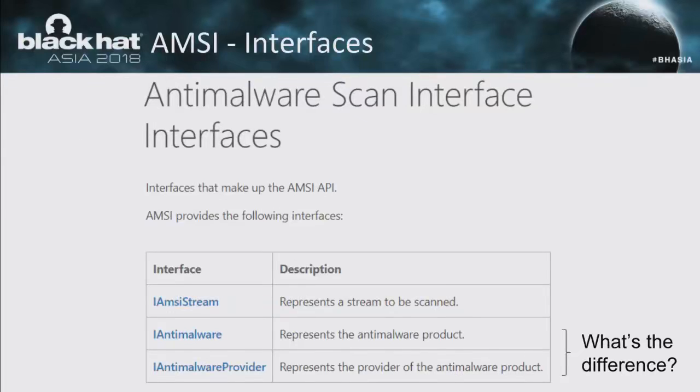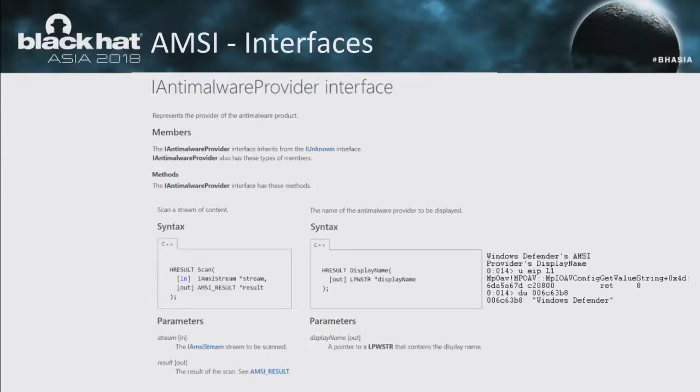Now, as for anti-malware and anti-malware provider, reading the description on MSDN, I really couldn't tell the difference. But after looking at a diagram that we're going to take a look at in a minute, I was able to understand what the difference is, and that became much more clear when I looked at the code itself. The anti-malware provider interface is the one that is actually pretty clear.